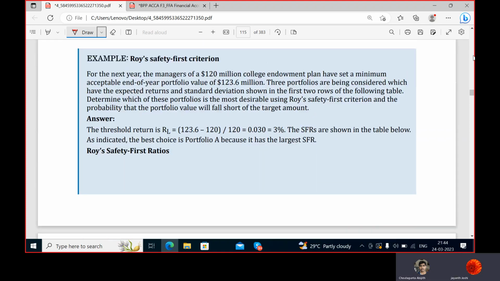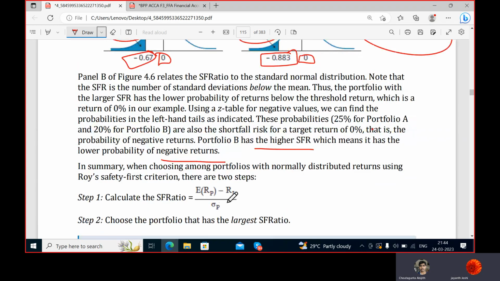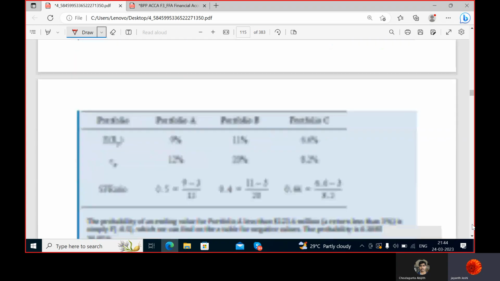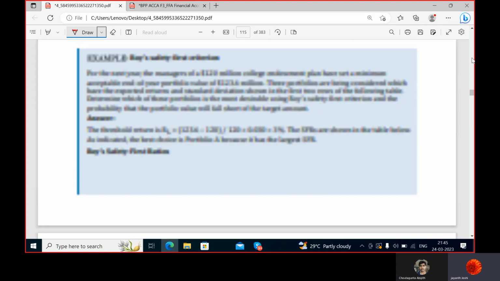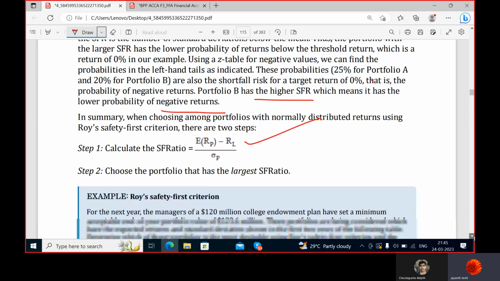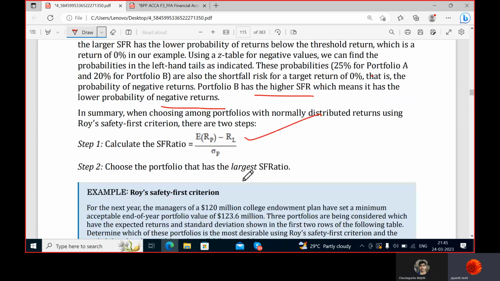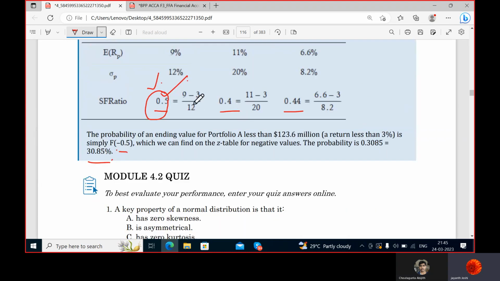So what is the step they said is calculate the SFR ratio. So we calculated the SFR ratio for all. Then what did they say is no need to go for that probability. Choose the portfolio that has the largest SFR ratio. Correct? So the largest SFR ratio comes to this, and there is a negative relationship. Now, higher the ratio, lower the probability. Correct?